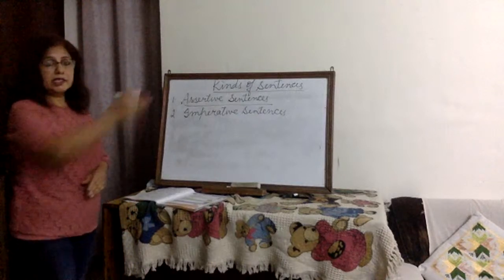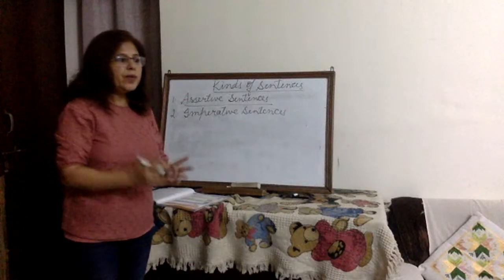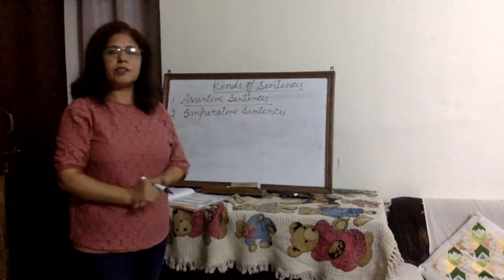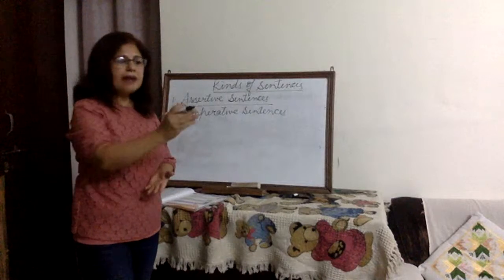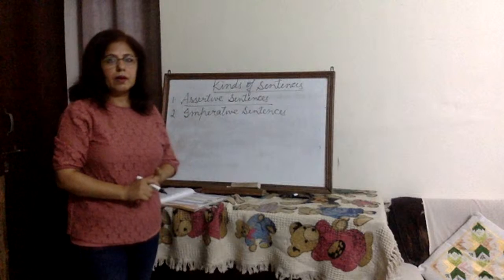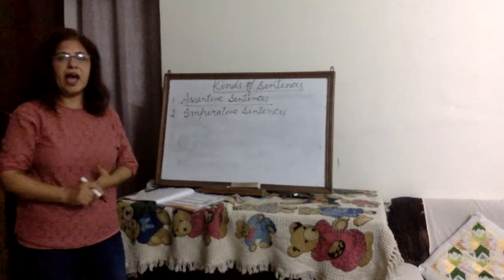For example, shut the door. Please give me your pen. Will you please pass me a glass of water? So this is a request. Stand up. This is a command. This is an order. Shut the door, open the window. Please switch off the fan.